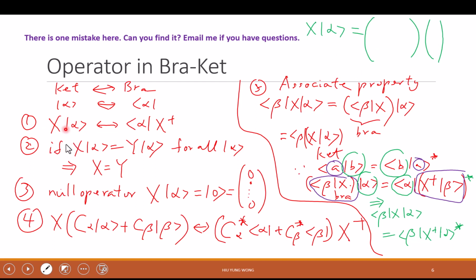So if this is a vector, then I must have a dual correspondence in the bra space, because we say every vector should have a dual correspondence. So basically this is like me, and then I raise my left hand. Do I still have a dual correspondence in the mirror? I should have. But what would that be? It's not the original me anymore.